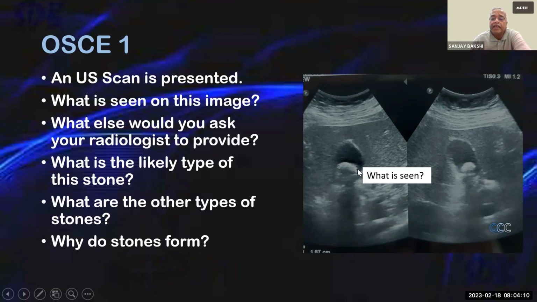The distance is measured 1.87, so you have to look at the picture also. In an ultrasound scan you see one side. You don't see the posterior aspect of the stone, but you can see an acoustic shadow because this is echo-opaque.